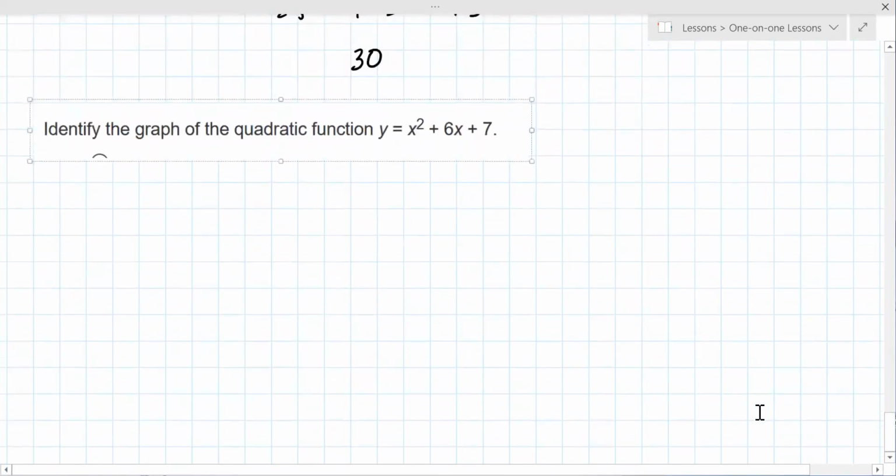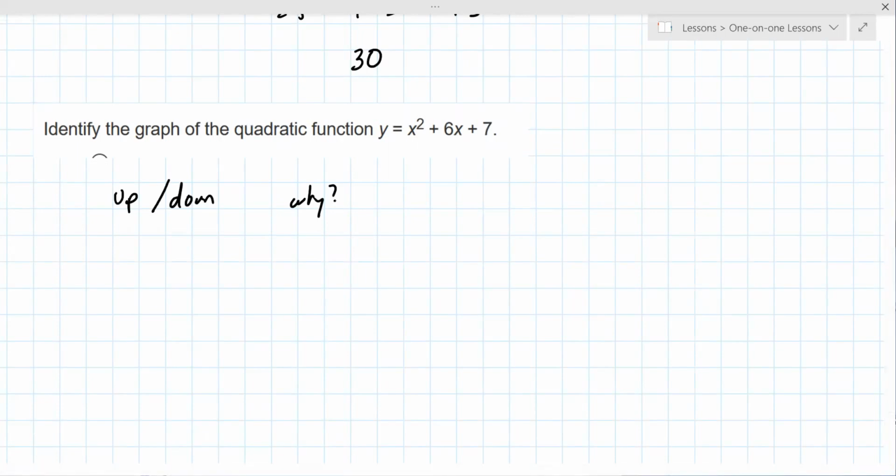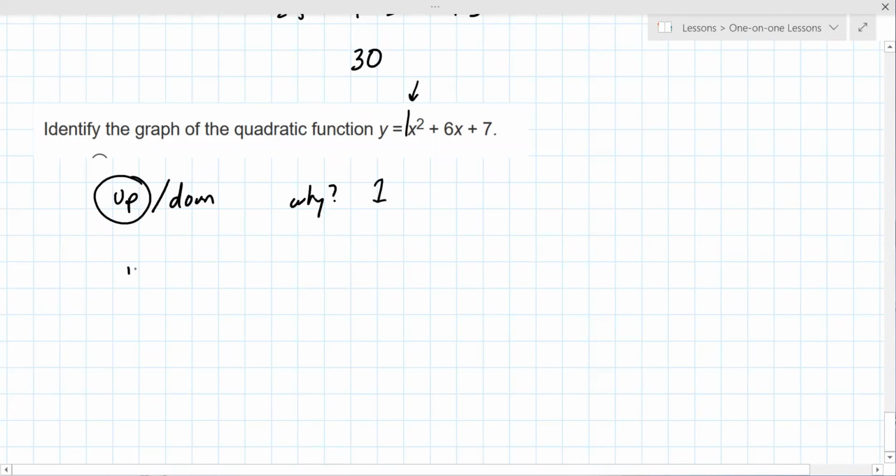So what I want you to first tell me is, does this open up or down, and why? It opens up because it's mainly positive. Yes. Okay. Next, I want you to find the vertex, please.